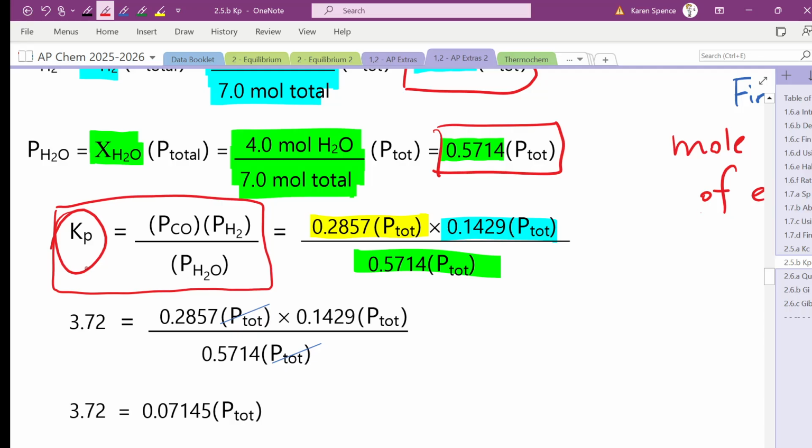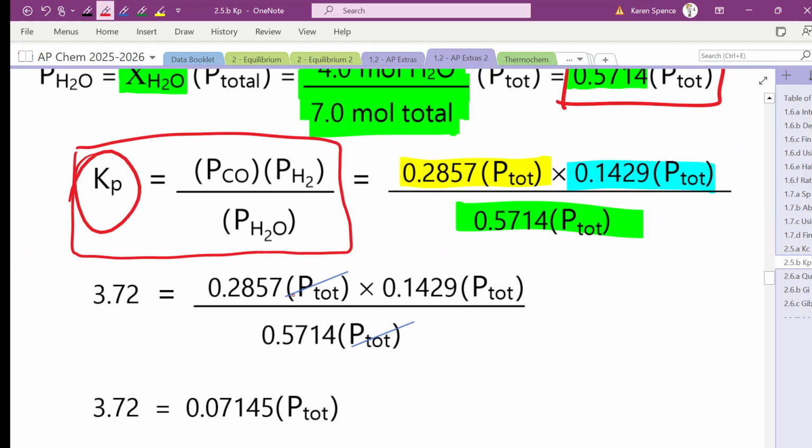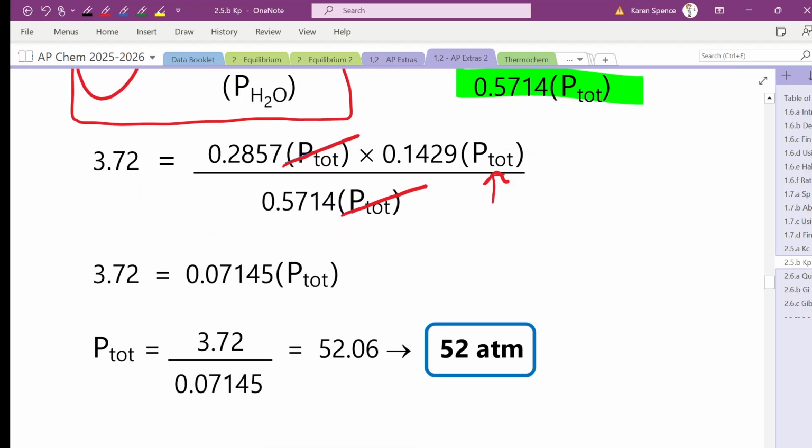But Kp was actually given to us in the question, so that's not an unknown, so we can throw that in there. Two of our P totals cancel out because it's all multiplication, and we're left with only one P total. And so we just do the algebra and solve for the total pressure, and we get 52 atmospheres.